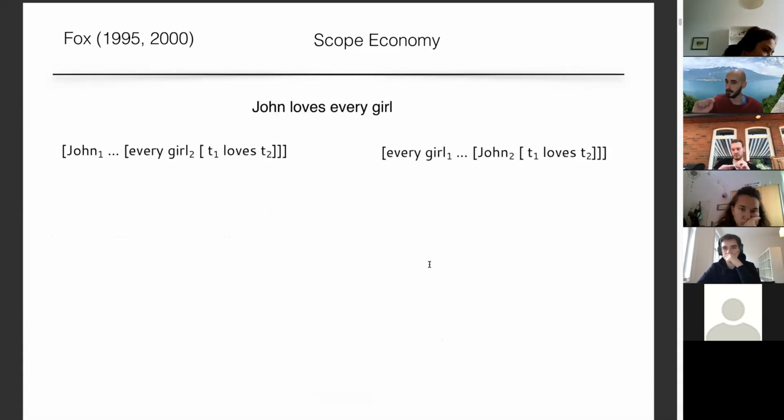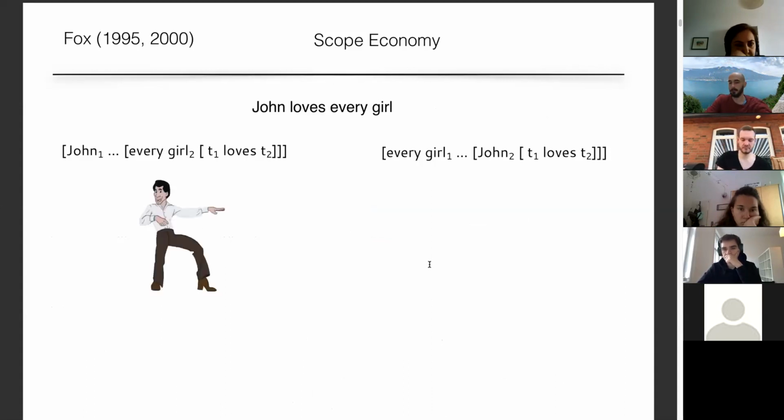So let's play this trick. Let's have these two different structural representations of the sentence John loves every girl, okay? And let's come up with some scenarios that try to make this sentence true and to falsify it, okay?